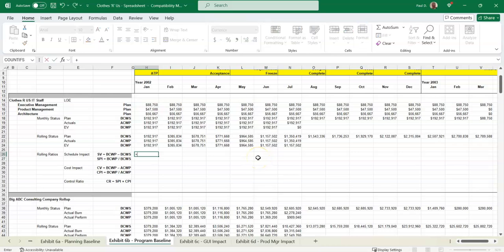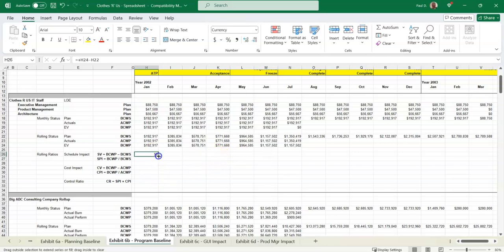I'm going to take BCWP on the rolling status, since I want this to be cumulative schedule variance and cumulative SPI, not just on a monthly basis, even though you're going to look at it on a monthly basis. So I do BCWP minus BCWS, and it says it's 0. I have no schedule variance.